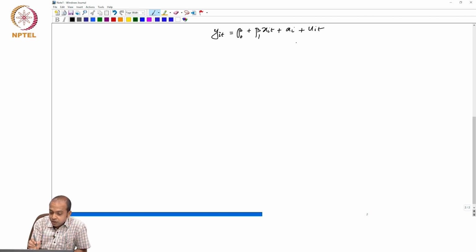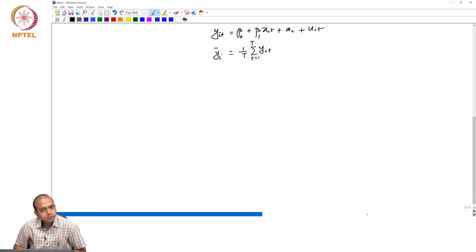What does it mean? Let us say that yi bar is defined as 1 by t summation yit, where t runs from 1 to t. That means we are taking the average of yit over time, so the sum of yit divided by t is defined as yi bar.